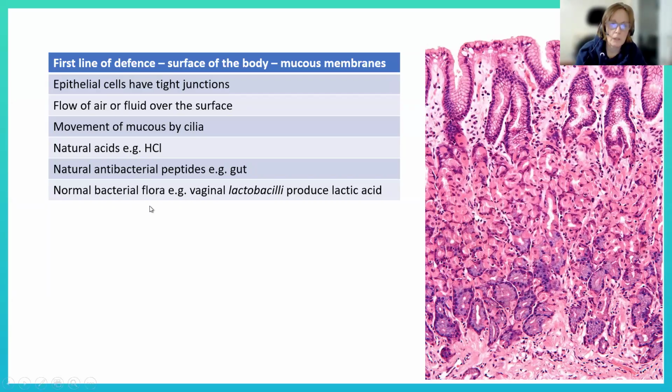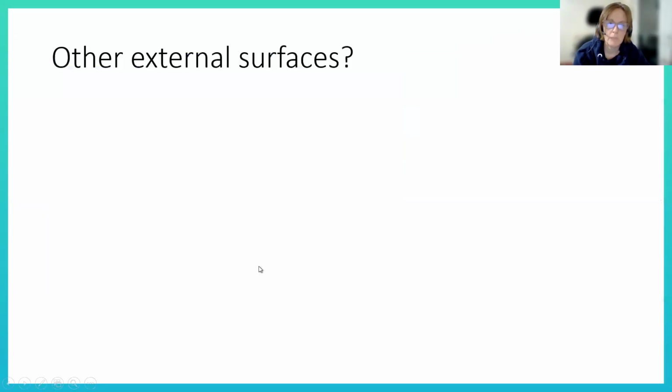Then we've got other mucous membranes, for example, vaginal mucous membranes. There are lactobacilli which live there and should live there. You know how we have gut bacteria that should be there. Also, the vaginal tract should have bacteria there. These lactobacilli produce lactic acid, which keeps an acidic environment in the female reproductive tract, which helps protect it from bacterial infection as well.